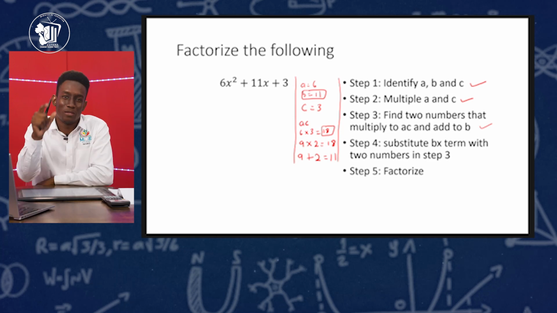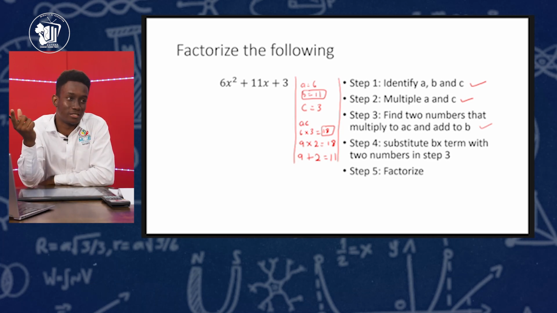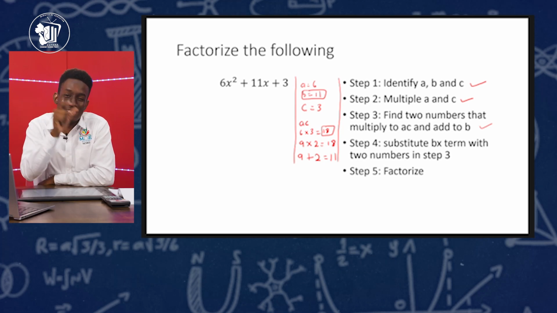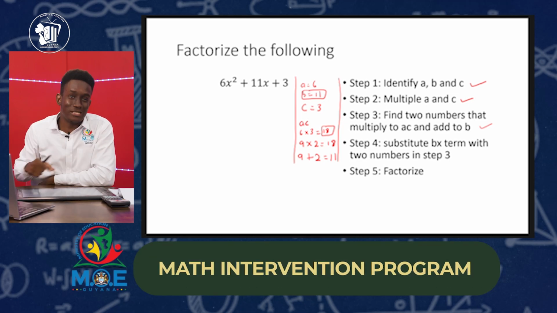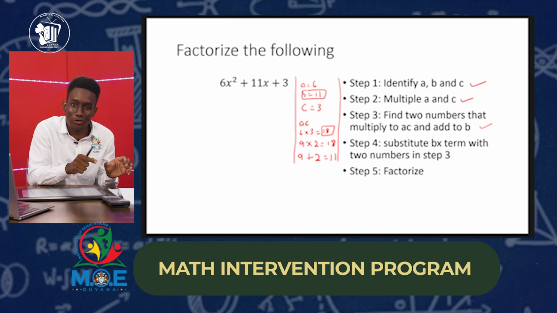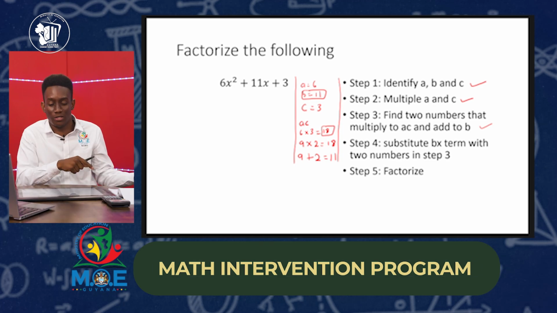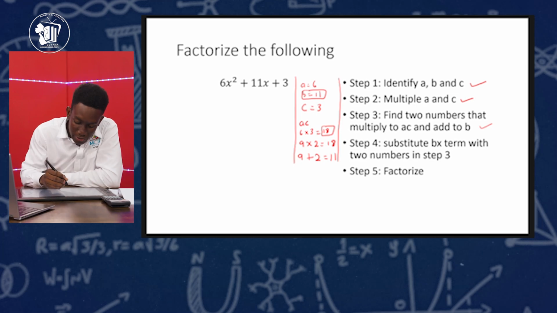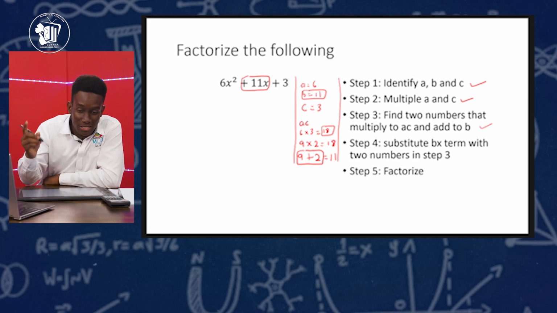In the previous class, we looked at factorizing expressions with four terms, and we saw that it was easier to factorize. So the whole aim of these steps is to turn these three terms into four terms so that we can do the same thing as in the previous video. So we take 9 and 2 and replace the middle term, the bx term, with them.